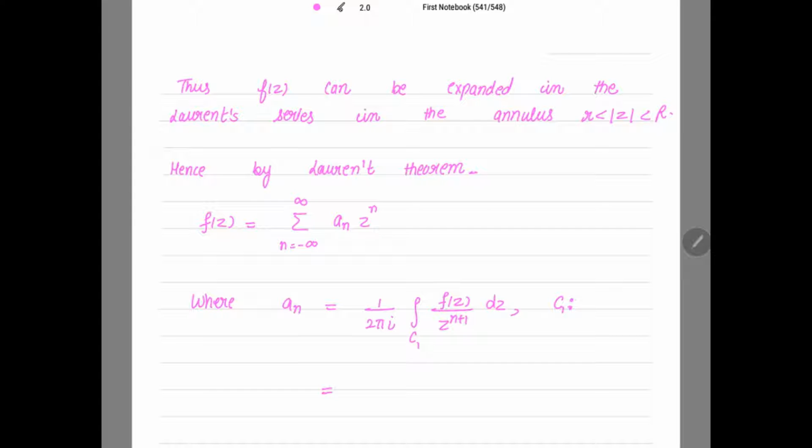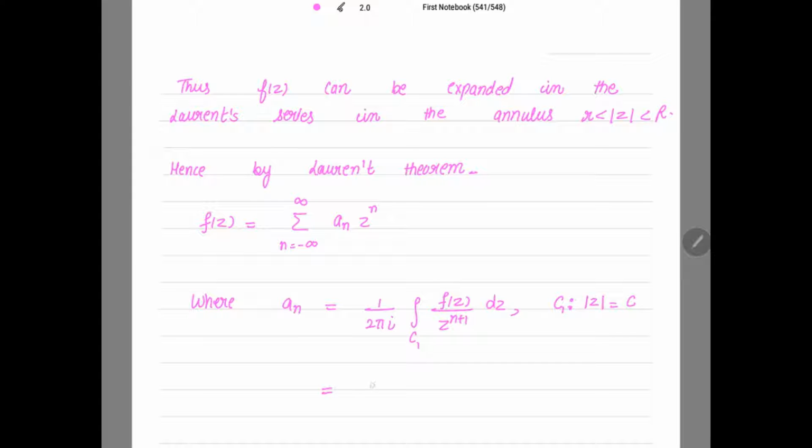And what is the circle given to us? Let's take mod z to be equal to c. We have taken c here because in the question we have c. So take mod z equal to c.